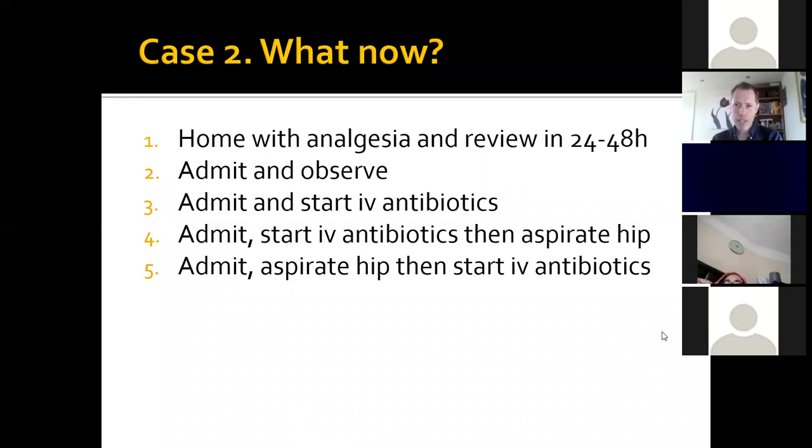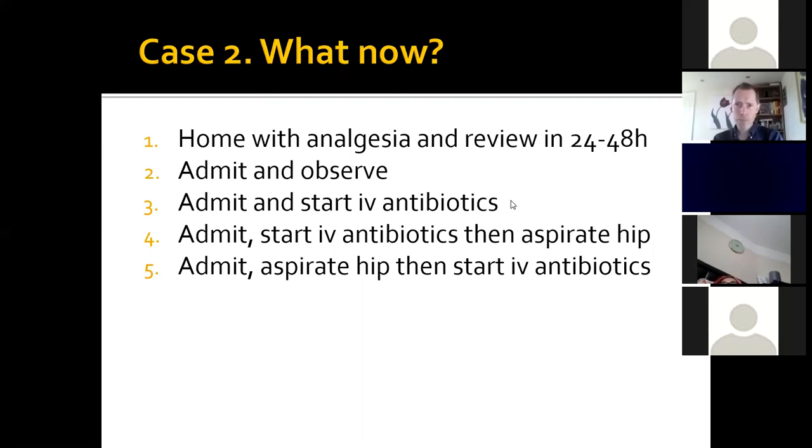I would say that the preferred option here would very much be the one that was most popular: admit, aspirate the hip, and then start IV antibiotics. Recognizing that this can be quite challenging in a child this age, and the exact approach may have to be determined by where you work, and you may have to start antibiotics before aspiration if it's very hard to get a hip aspirate performed.